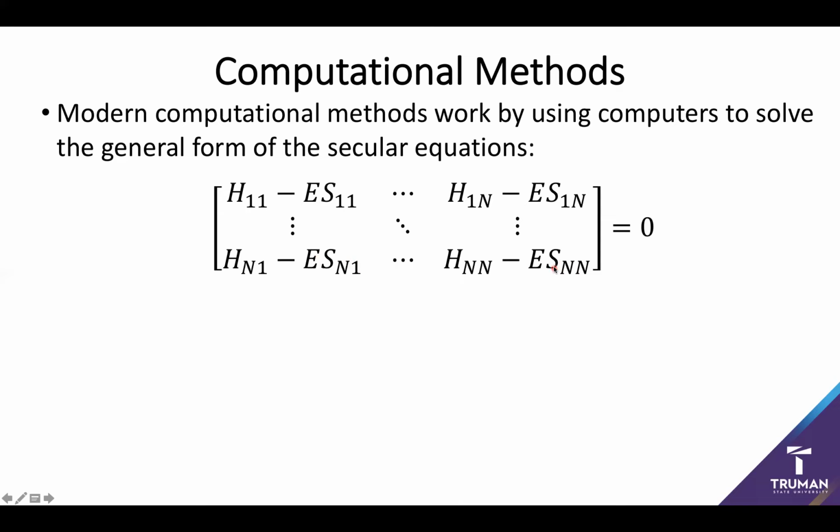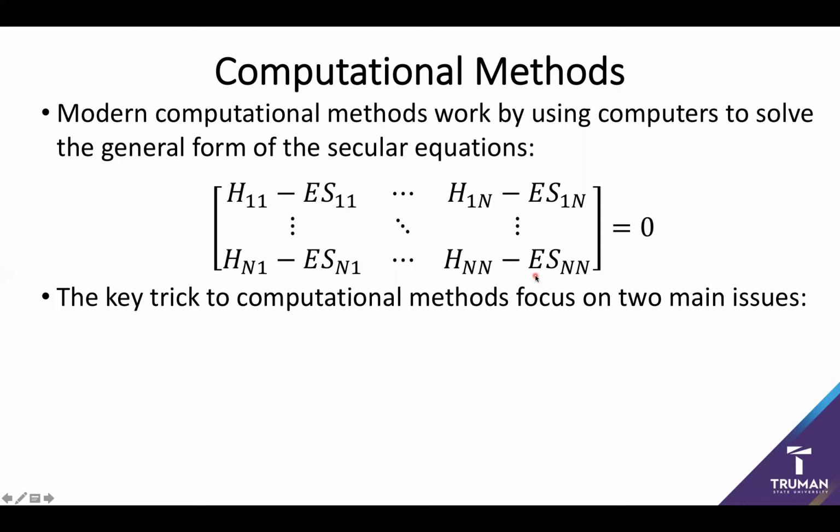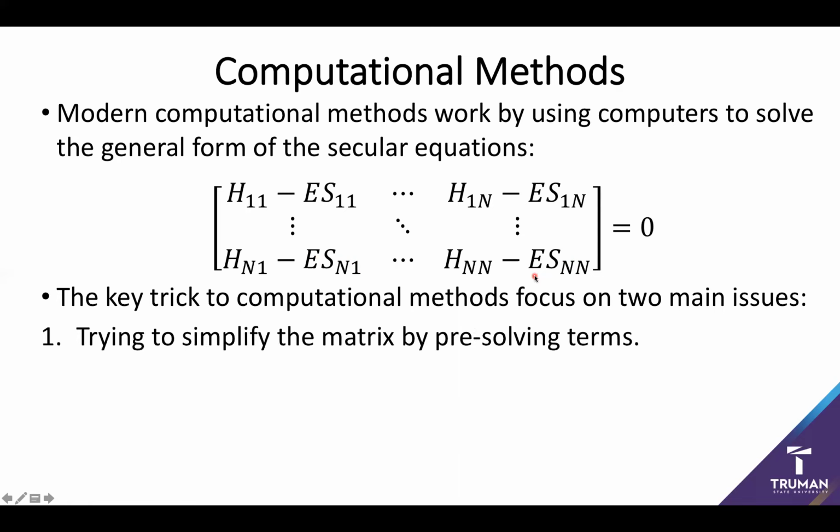So we have a known way to try and describe these molecular systems, but the problem is that, as you've seen, a lot of these equations start becoming really hefty to deal with. So the key trick to a computational method is going to be trying to simplify these methods, and we're going to focus on two main issues. First of all, we're going to try and simplify the matrix by pre-solving terms.